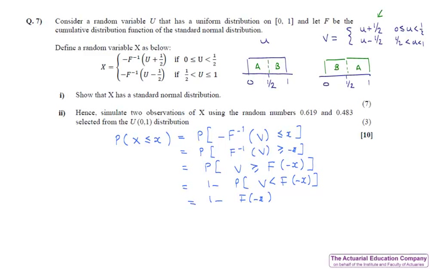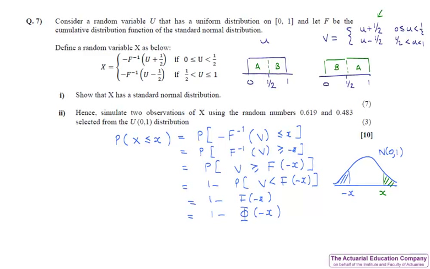Now we're told that F is the CDF of the standard normal, and so F of minus x is the probability a standard normal is less than minus x. Well, since the standard normal is symmetrical about 0, the probability that it's less than minus x is the same as the probability that it's greater than x.